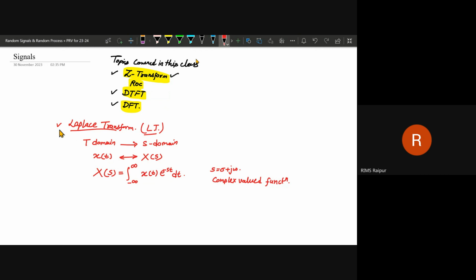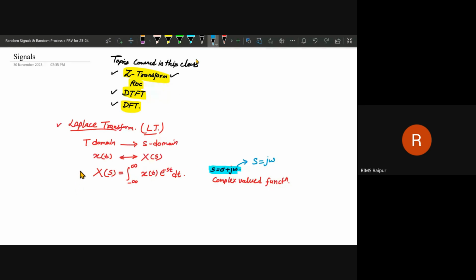So to overcome that, we used Fourier transform. Now how does Fourier transform come and how are Laplace transform and Fourier transform related to each other? If I put sigma equal to 0 in this expression, then the value of s will be j omega.